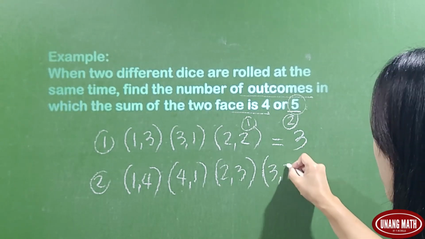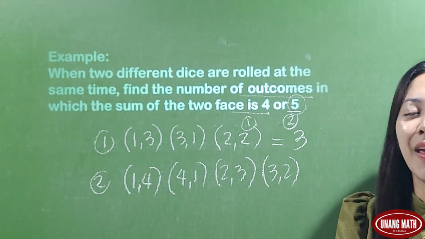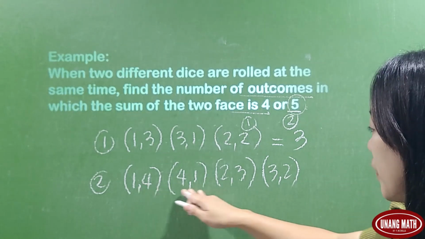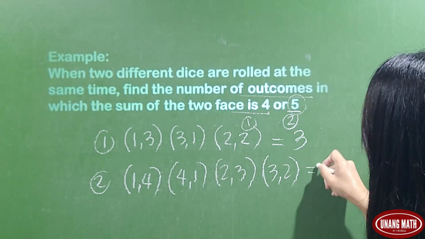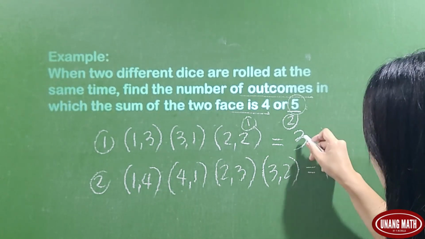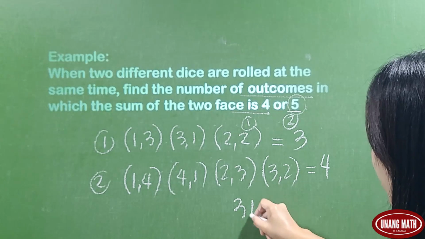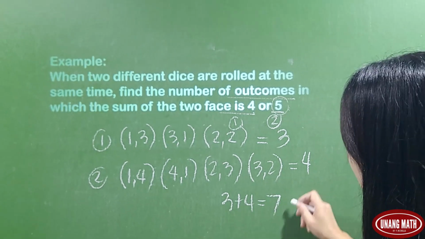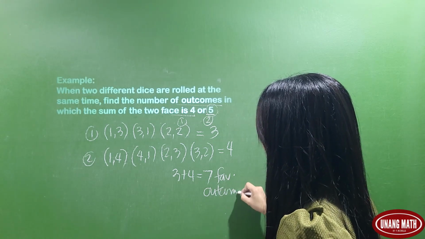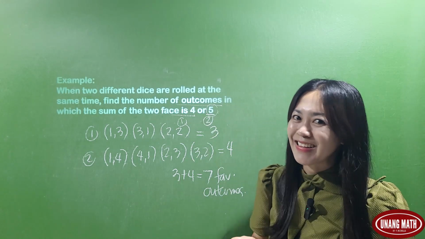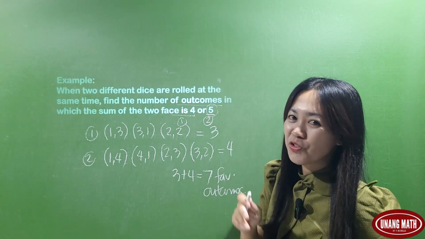We also have 3 and 2 because 3 plus 2 is 5. Other than these pairs, no more. So we have here 4 outcomes. So 3 plus 4, it means we have here 7 favorable outcomes for this given situation.